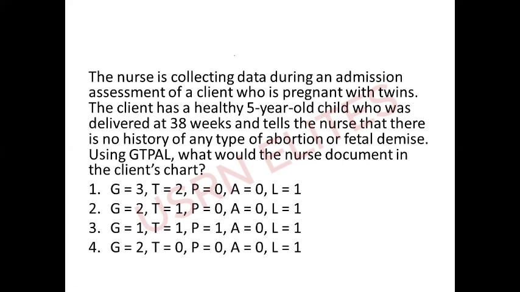Using the GTPAL, what would the nurse document in a client's charts? And then the options are there. So let's put our pens together so that we can develop the data for this woman.